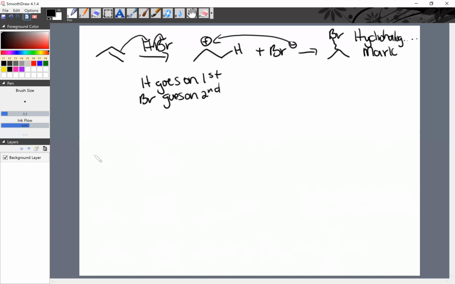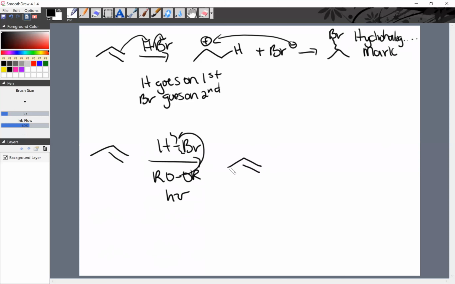So if we want to get around that, we're going to use radicals. And in order to do that, you have to have the peroxide with some kind of light or heat. And in this case, remember, this breaks. It makes the bromine radical. All right, it's going to go for this hydrogen or this pi bond. Now, we've already seen how it goes for the hydrogen.